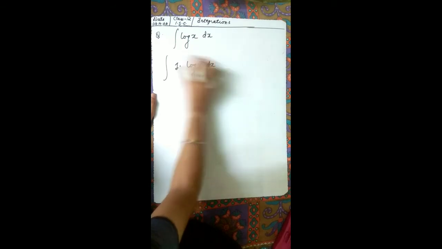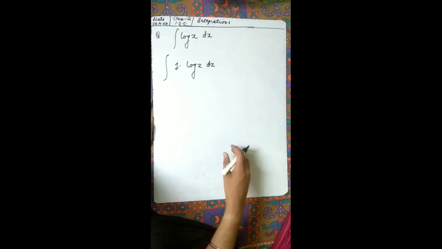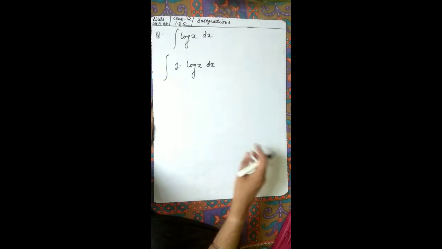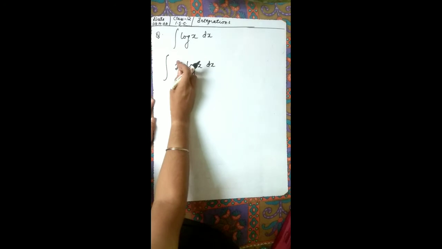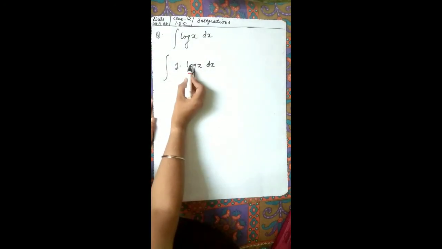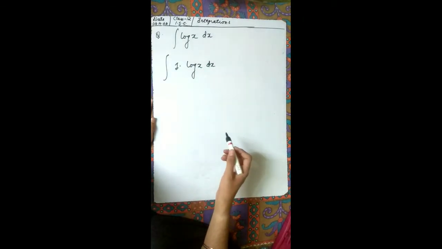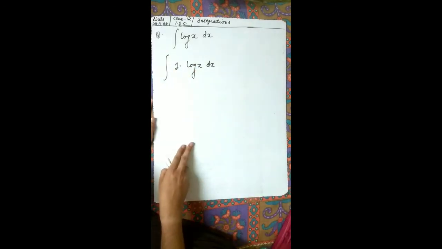I told you that in integration, 1 has a very great importance, because if we integrate 1 with respect to x, dx, then it would be x. So this is the criteria of doing this question: 1 into log x. Whenever you see a single function, we multiply by 1 and make it a product of two functions.